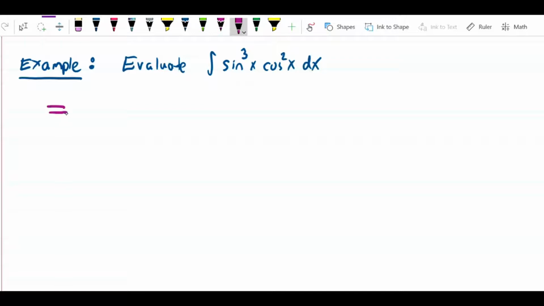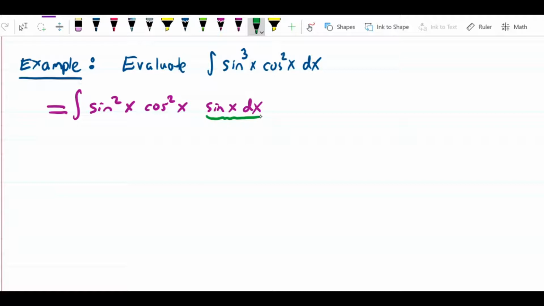So I'm going to rewrite this as the integral of sine squared x cosine squared x sine x dx. Now it doesn't look like this is going to help in any way, but I'll show you why it does. We're trying to turn this into a u substitution problem, and basically we want to make that a factor of du.